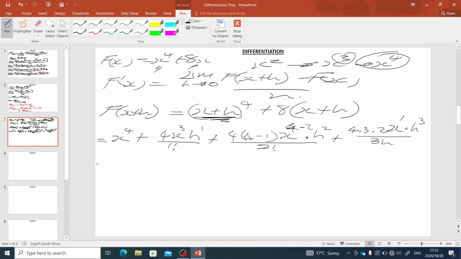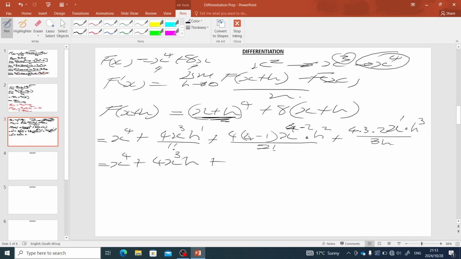Then from there we are having x to the power 4 plus, factorial 1 is 1. That means here we are having 4x cubed multiplied by h to the power 1 plus, then on this one we are having 4 minus 1, it is 3. 4 multiplied by 3 is 12.